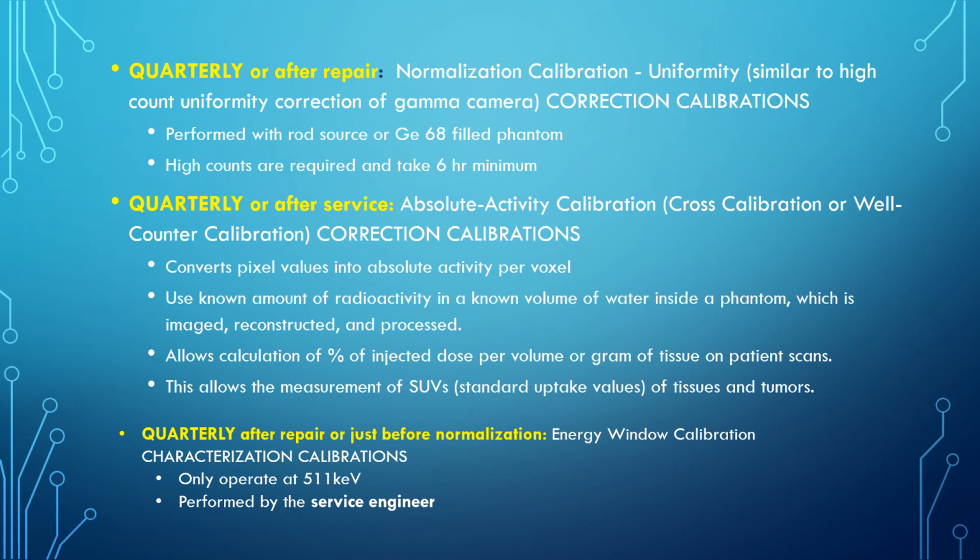This allows for calculation of percentage of injected dose per volume or gram of tissue on patient scans. This allows for the measurement of SUVs of tissues and tumors. So this is an important correction calibration. And then also quarterly, energy window calibration, you'll only operate at 511 keV, and this is performed by a service engineer.